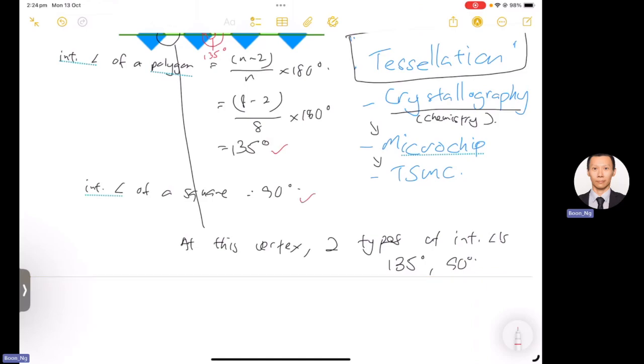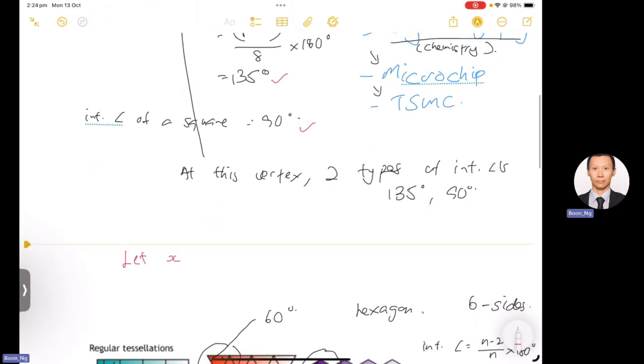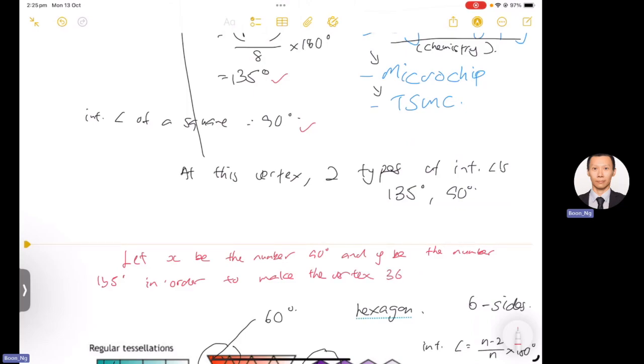So let x be the number of 90 degrees and y be the number of 135 degrees in order to make the vertex 360 degrees.